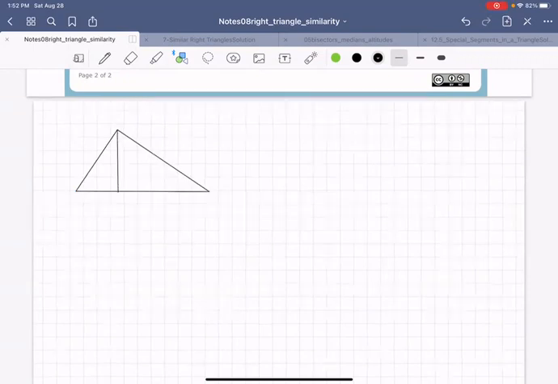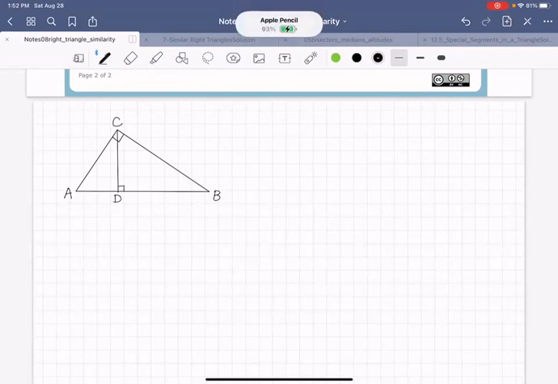Okay, I draw a right triangle, which is saying this angle is 90 degrees. And I draw an altitude here. I call this A and B and C. And I call this point D. Okay, so this is triangle ABC.